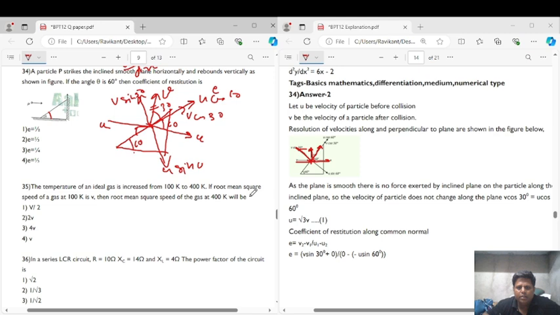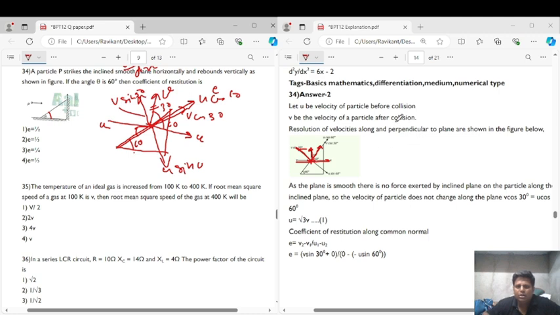Now as the plane is smooth, there is no force exerted by the inclined plane on the particle along the plane. So the velocity of the particle does not change along the plane. Because the plane is smooth, there will be no change in the velocity along this. So u cos 60 will be equal to v cos 30.